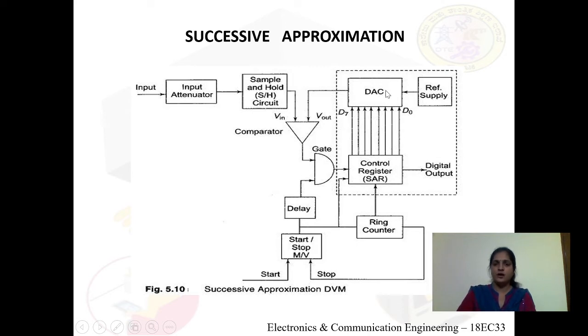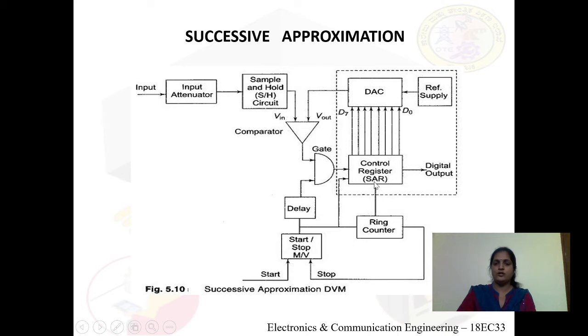For every count, it will produce half of the reference value. One more point is that the number of bits depends upon the number of clock pulses. If we apply 4 clock pulses, then it is a 4-bit DAC. If we are dealing with 8 clock pulses, then it is an 8-bit DAC. Here we have implemented an 8-bit DAC, which operates D0 to D7, totally 8 bits.